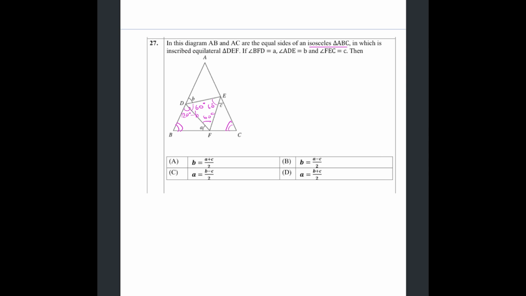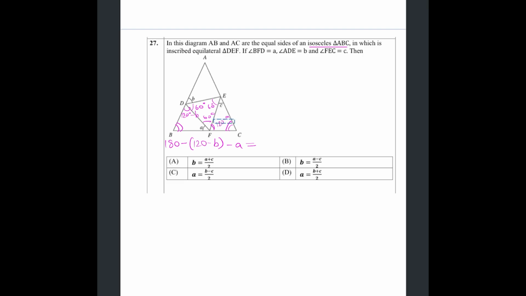So this angle B here will end up being 180 minus 120 minus B minus A, which is equal to this angle here. Let's try to find what that angle will be. So this angle here will be 120 minus A.